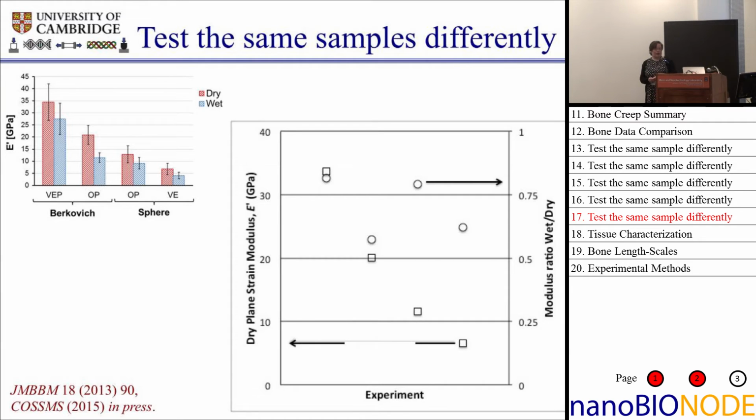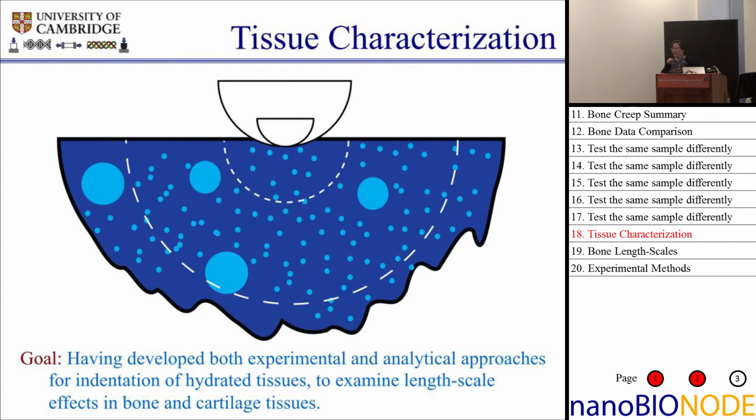As I said, we did it in bone, but actually we've been doing similar things in lots of different types of material. So I want to bring in one final parameter into play now, and this is the size of the indent. Because when we're talking about materials that have some fluid in them and that have some fluid flow in their behavior, then you are also seeing effects due to the porosity and due to the scale of the porosity relative to the size of the contact.